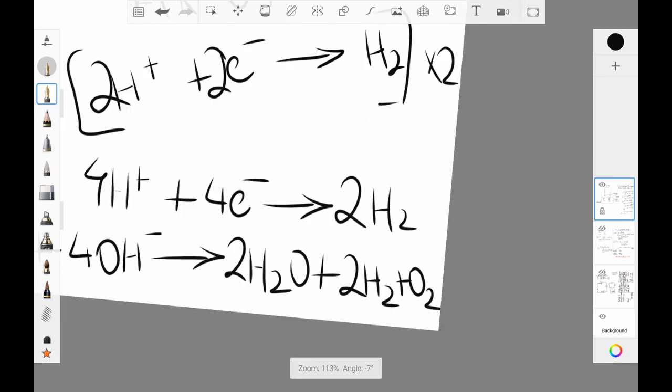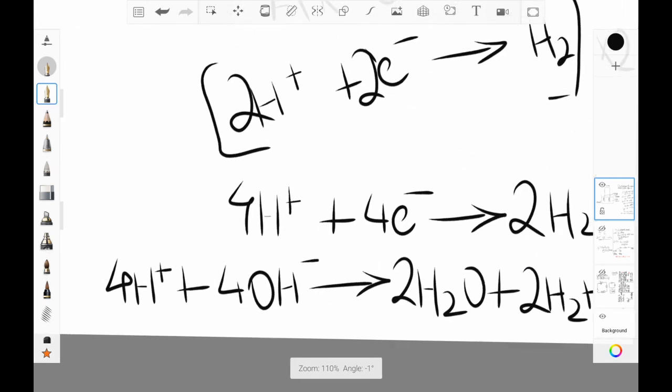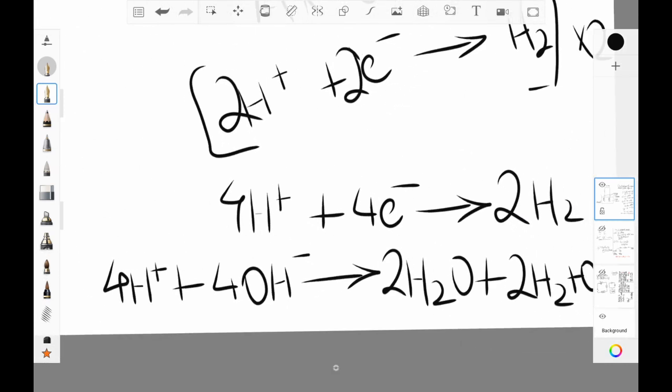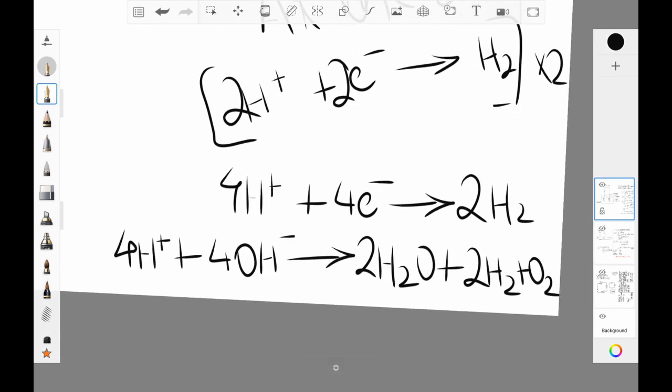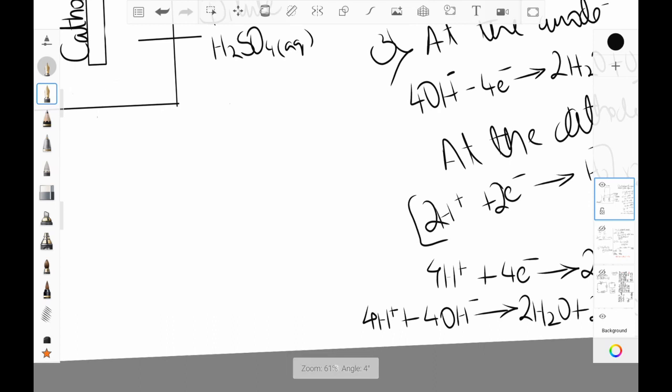You can confirm if everything is balanced. For hydrogen, 8 hydrogen on each side. Then you have 4 oxygen in total, and yeah, that's balanced. That's the full cell ionic equation done.